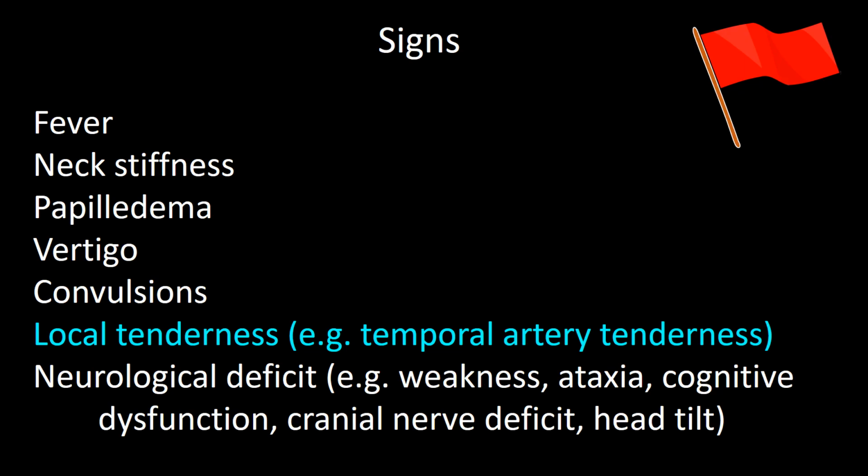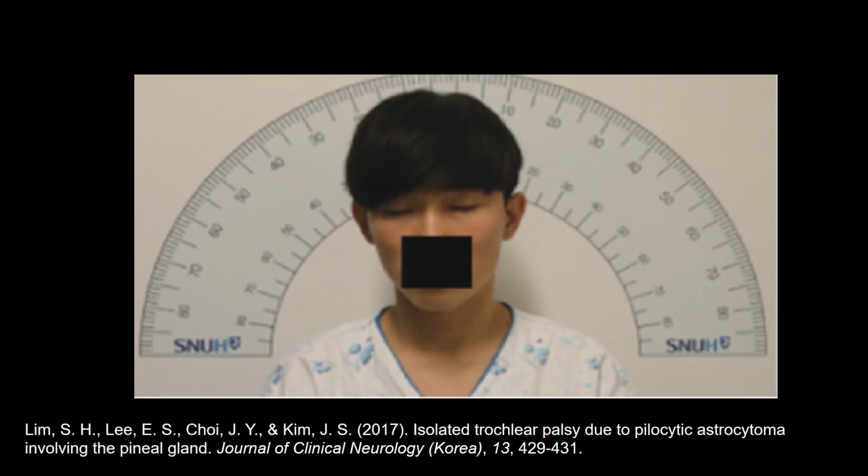The second red flag sign I want to highlight is head tilt. I will do so by presenting to you a case published in the Korea Journal of Clinical Neurology. Notice that on the left side, this young man has a head incline of 12 degrees, whereas on the right side, the incline is 23 degrees.